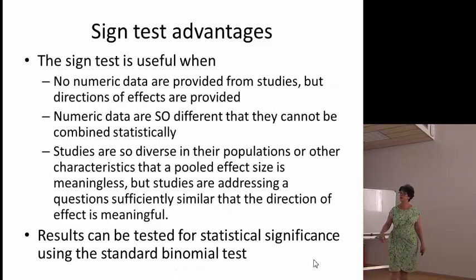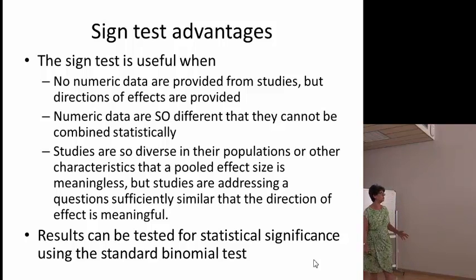The sign test is useful when you don't have any numeric data from the studies at all, but the author said something like the effect was in the expected direction, or not. Or when the underlying data are so different that you don't want to say they're really the same population, but it would still be useful to know whether the effect was in the right direction or not.